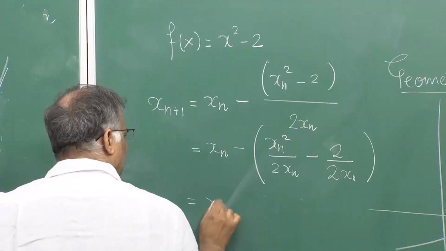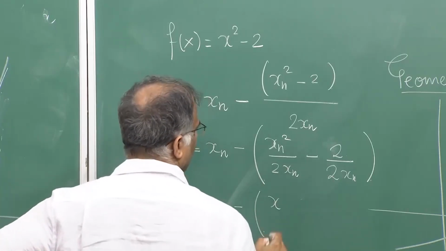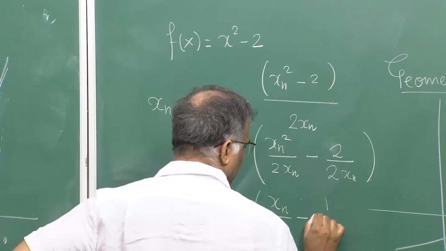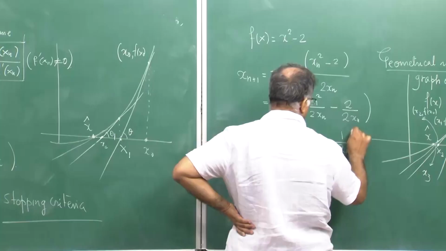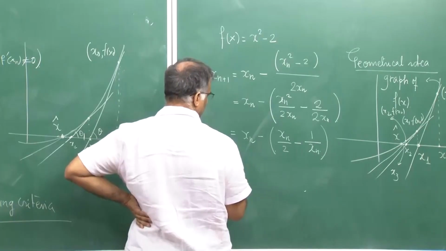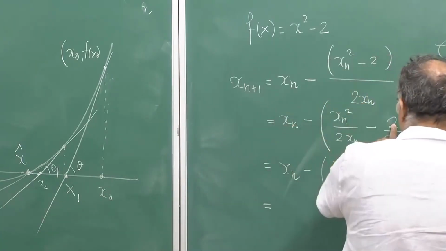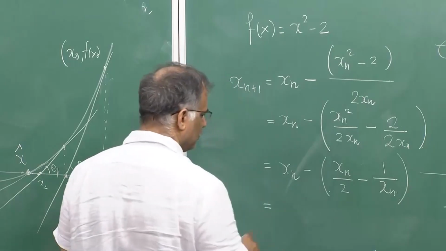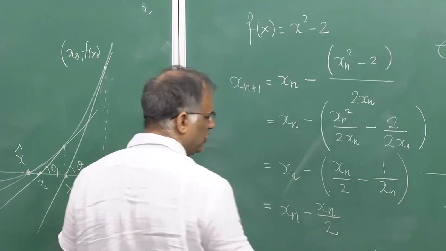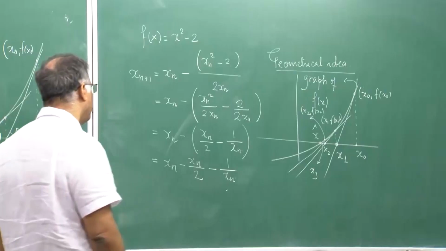I can write this as xn minus xn by 2 plus 1 by xn, because xn square cancels with xn.